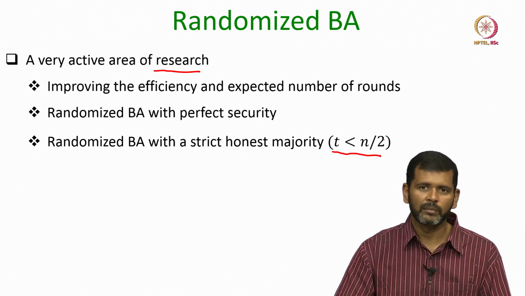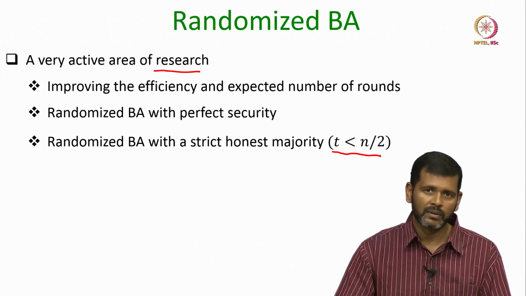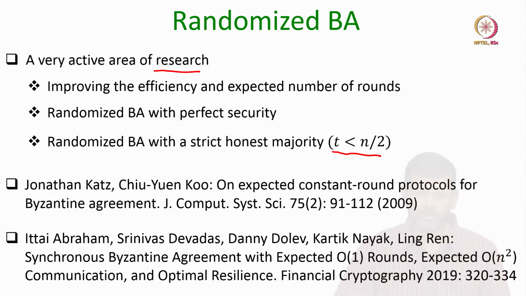The protocol that I have discussed is with t less than n over 3, but there are also protocols available with t less than n over 2. If you are interested to know more about those protocols, you can refer to either of these 2 references, and this is the reference which I have used in my presentation.